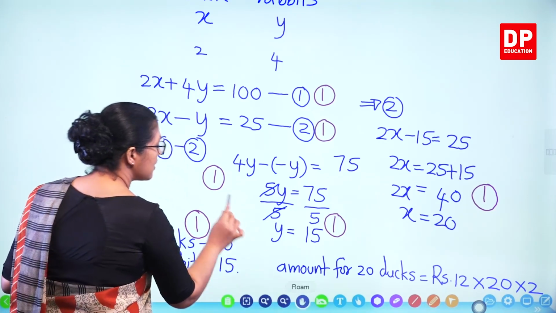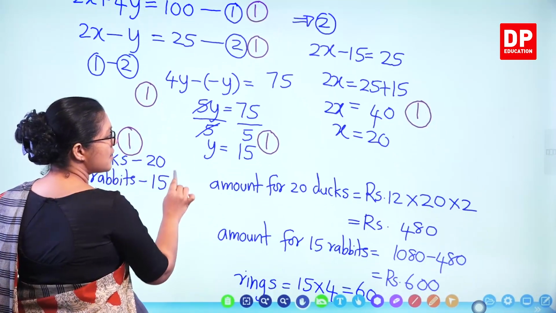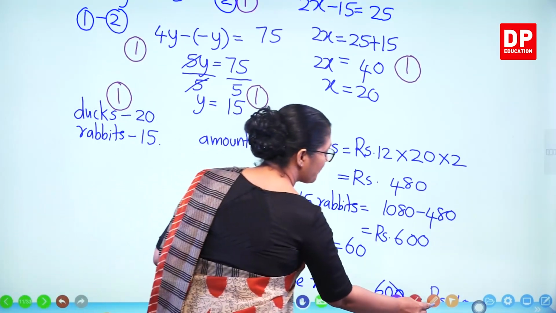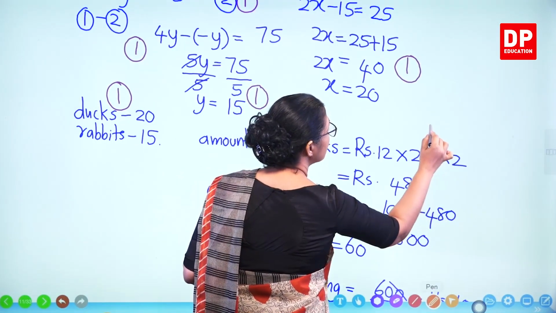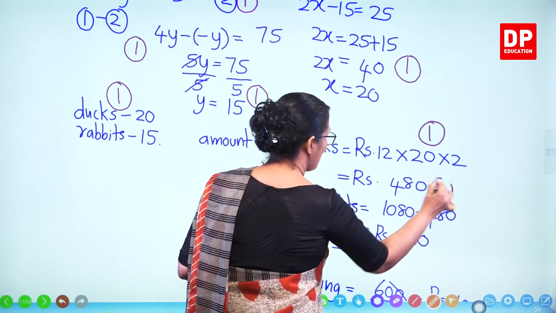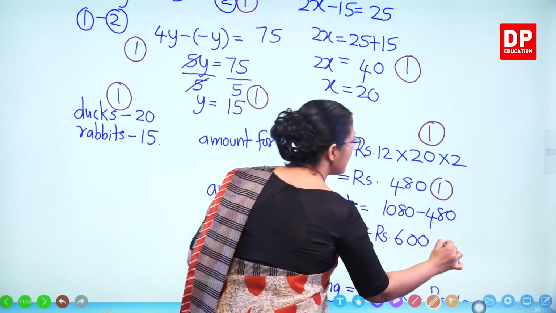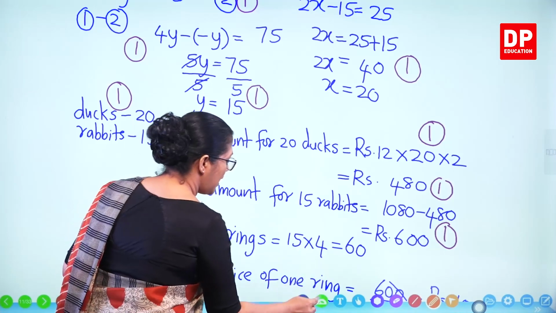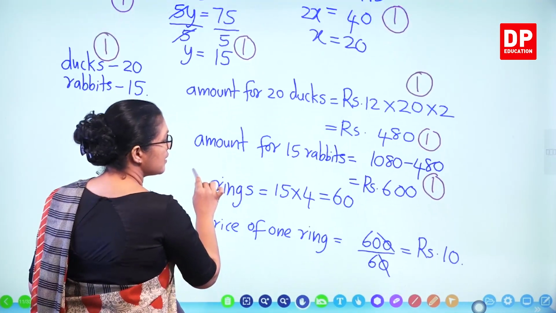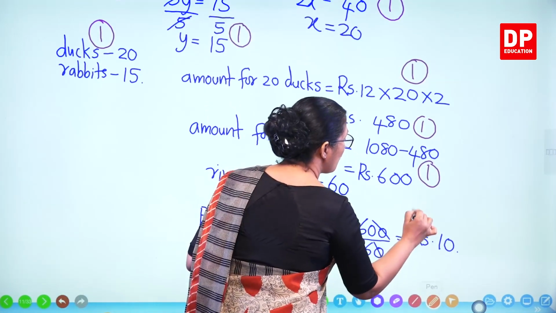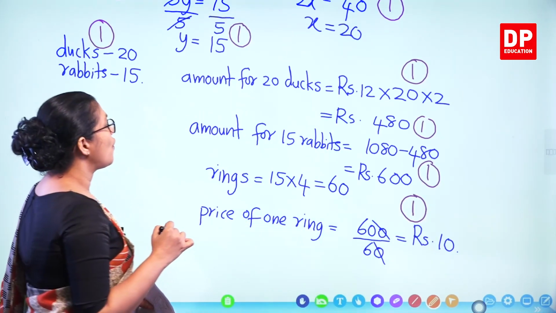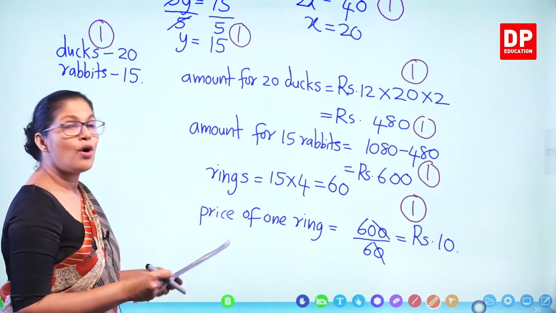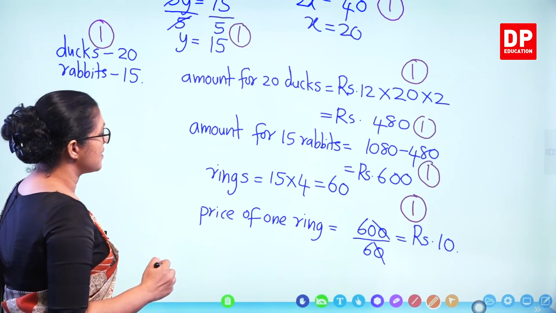Then you get 4 marks for these steps. 1 mark, here 1, 2, and 3, and finding this one, 4. So 4 marks for this step, 6 and 4 altogether 10 marks.